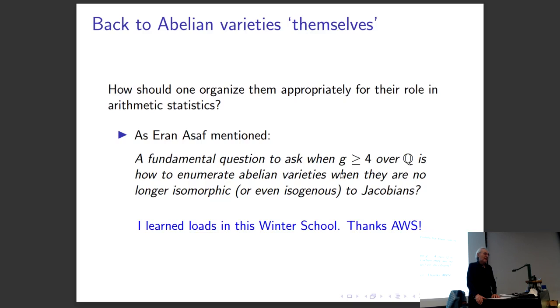So, for example, for X0 of n ranging from 11, I guess, to infinity, you might ask, what are the statistics for Sym2 of X0 of n being non-nearly elliptic? Whatever statistics you get, you get an enormous amount of statistics of non-existence of quadratic n-isogenies.